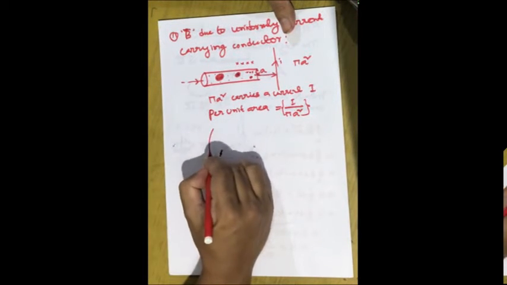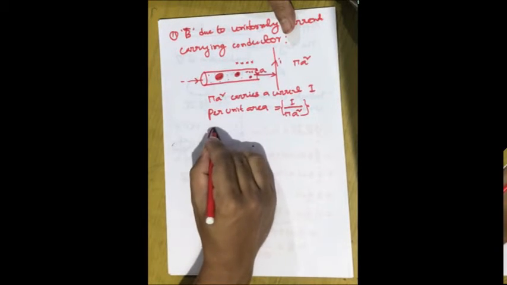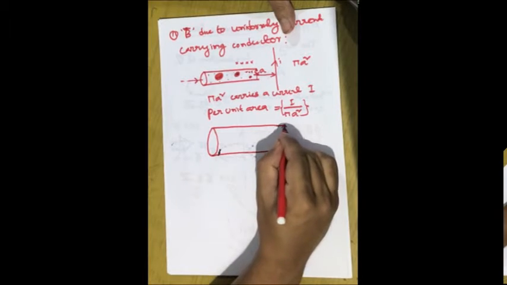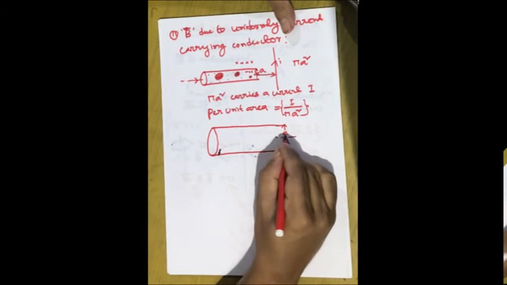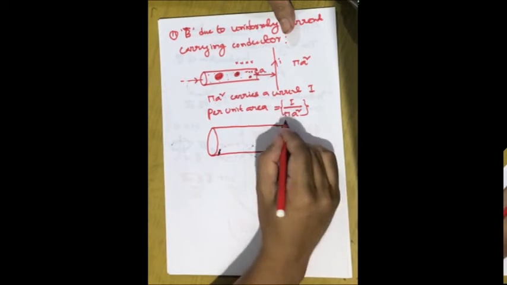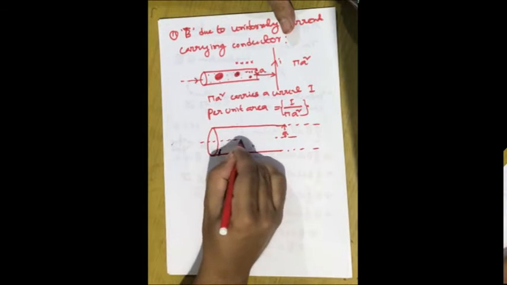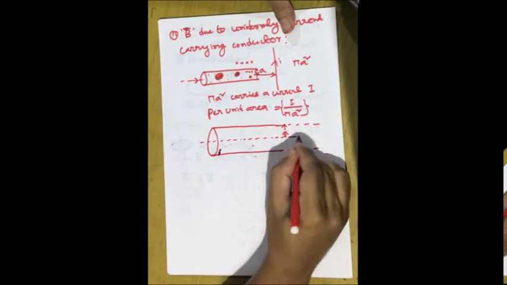So let's have an extended view of the current carrying conductor, and suppose its radius is a. This is an infinite conductor, as I have already explained. This is the axis of the conductor.